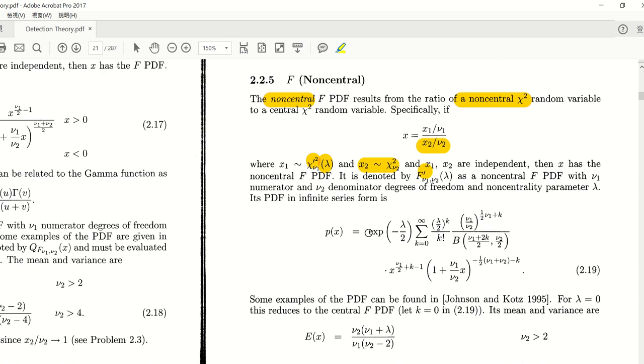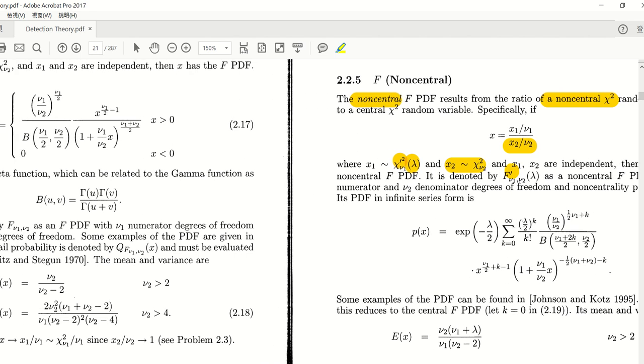We have a P of x, exponent of lambda. Of course, lambda is defined. And then we have k as a dummy variable, actually the index of the summation. And then the Bessel function.